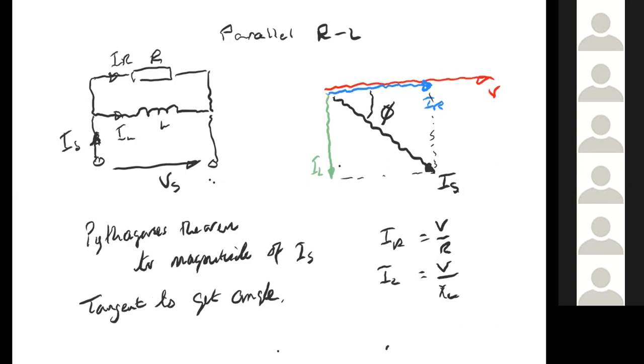So that's the phasor relationship in a parallel RL. We've got a lagging current overall because we've got an in-phase resistive current and a 90 degrees lagging inductor current.